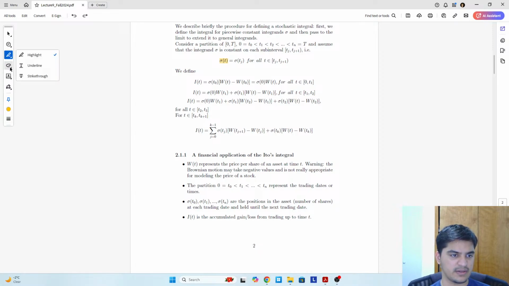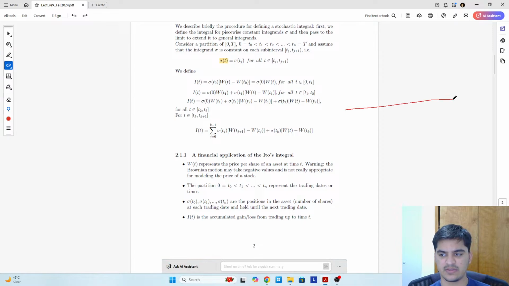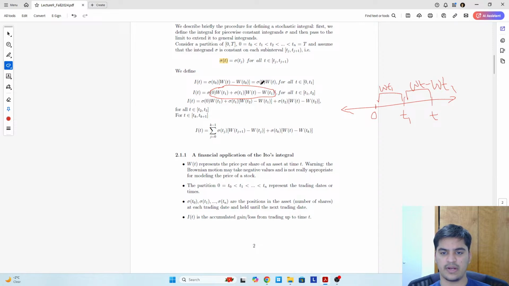I think I've explained it in the previous videos. Basically, let's say this is 0, this is t1, and this is t. So this is W_t1, and this is W_t minus W_t1. So this is basically how you write W_t. It's just another way to write that, nothing else.